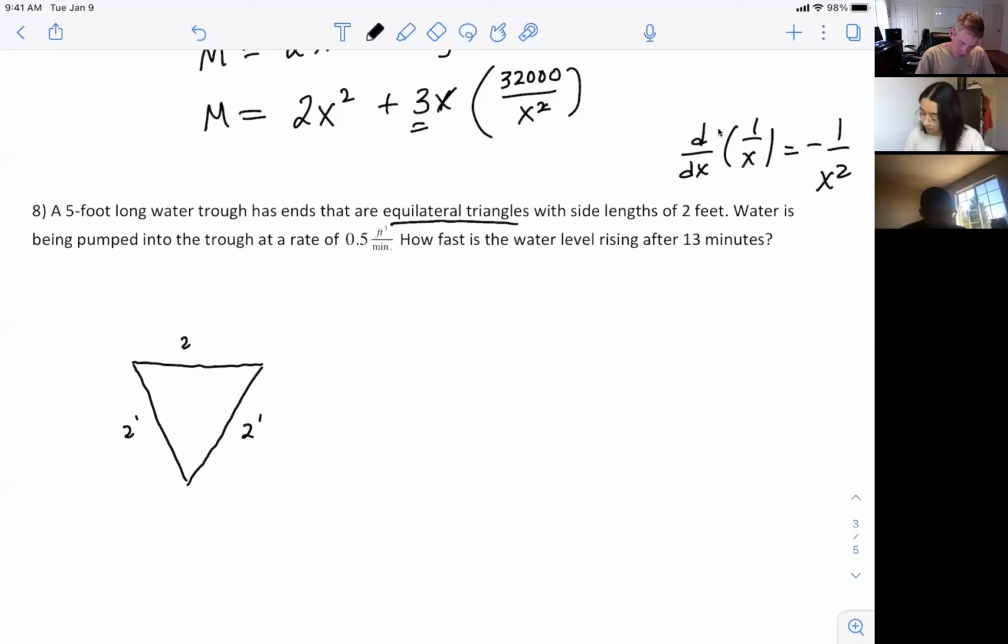So equilateral means they're all the same. And then back over here, farther away, would be another equilateral triangle. And then the trough, whoops, I should have made the triangle bigger. Anyway, the trough goes like that.